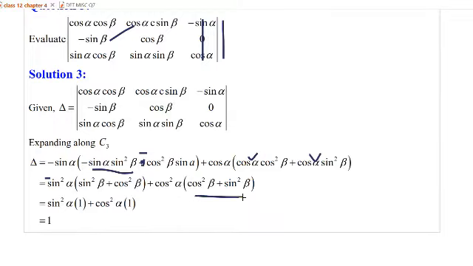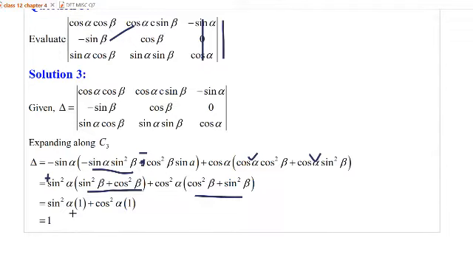This term will become 1, this term will become 1, right? And now, since already a negative was outside and from inside also I have taken a negative, outside it will be positive, so sine square alpha plus cos square alpha will be 1.